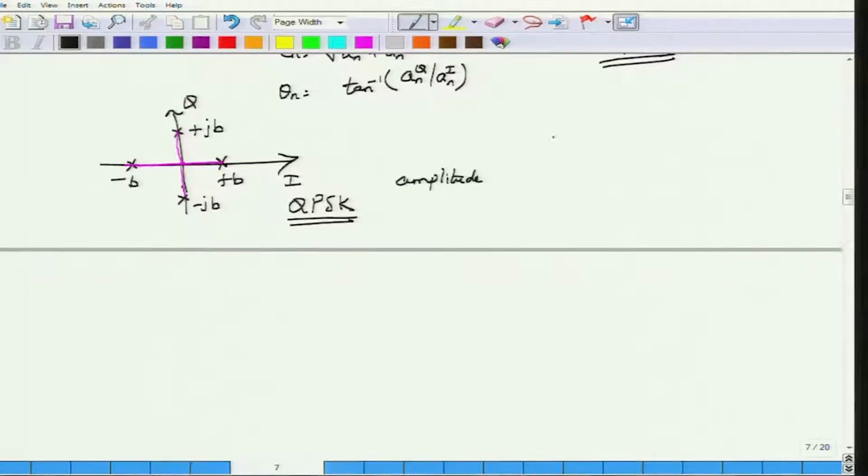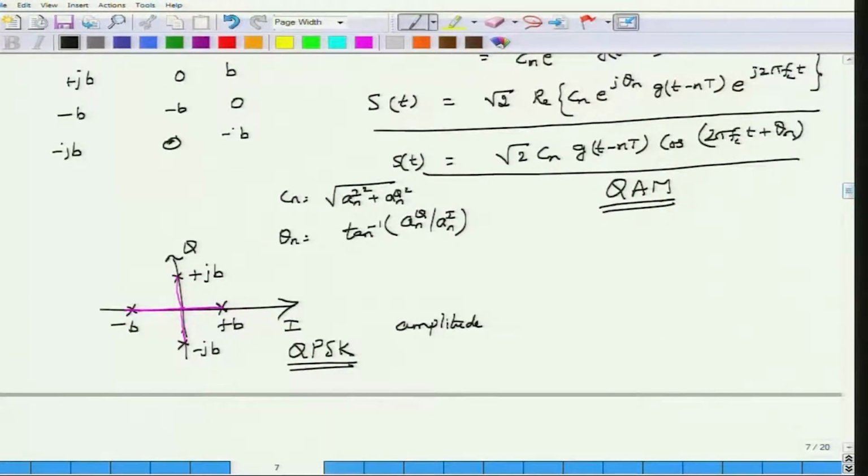So, go back to this s of t signal. Here you have square root of 2 Cn g of t minus nT. For quadrature phase shift keying, Cn will be constant and it will be equal to B. If you evaluate the average energy of this signal, you will see that it will be 2B square, because each of them is at the same distance, and remember the energy is basically mod of the point squared.